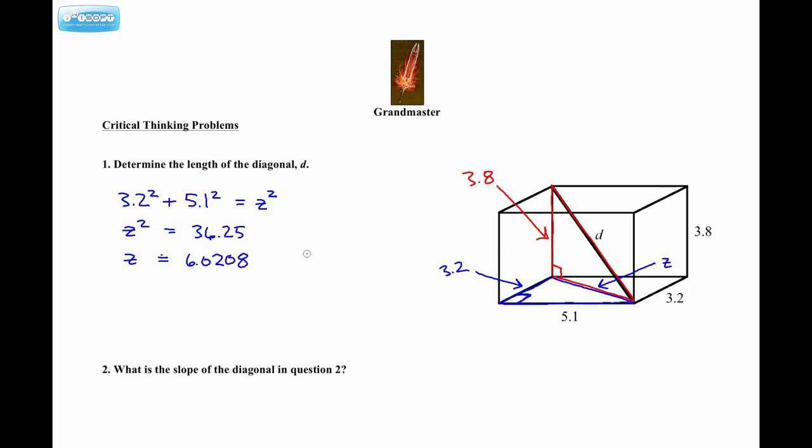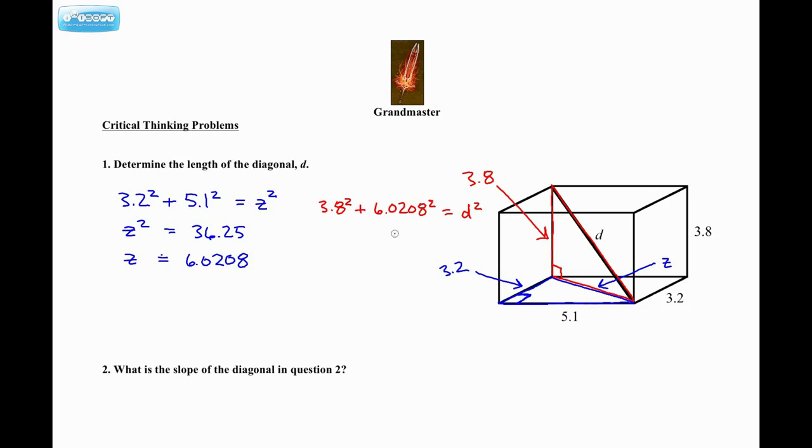So that means 3.8 squared plus this number squared equals D squared. I actually didn't round this in my calculator. I still have this number in my display.